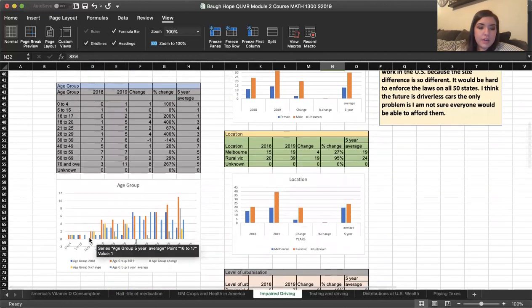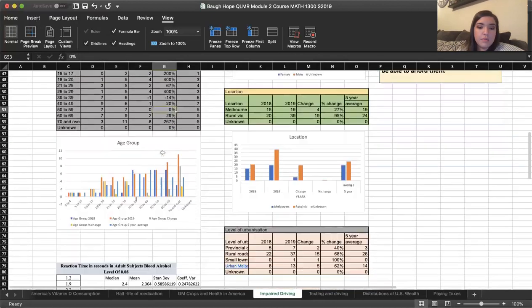As you can see here, more deaths occur in the 70-year-olds. Again, this is in the age group of 2019, more than any other year. So that's pretty interesting to see. But yeah, the 70-year-olds have the most.